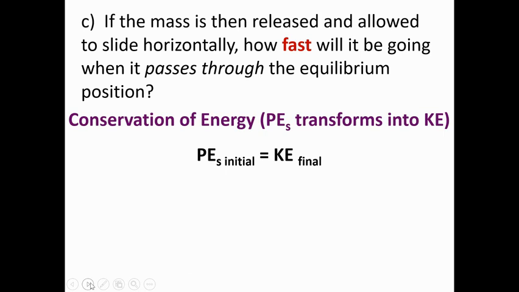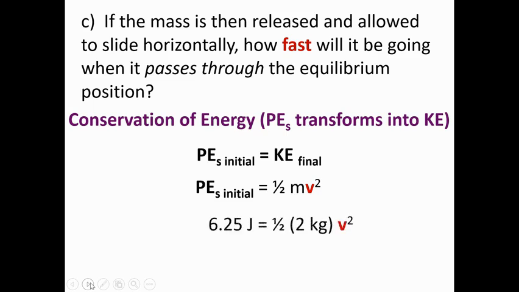We've already solved for the initial potential energy stored in the spring, but we're looking to solve for how fast it will be going. If we take our kinetic energy equation, 1/2 mv squared, we could solve for how fast it's traveling, or the speed of the mass. Now we can plug in our values.